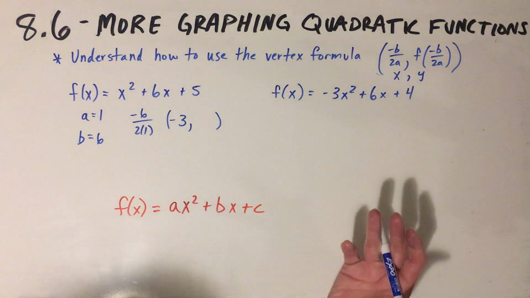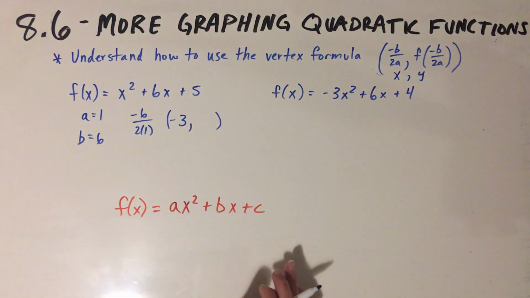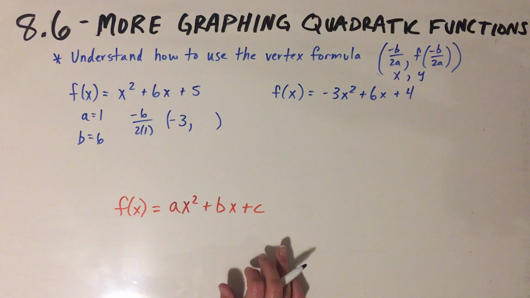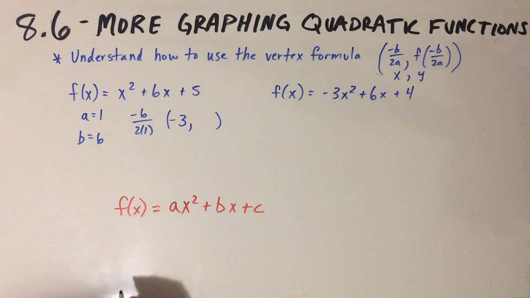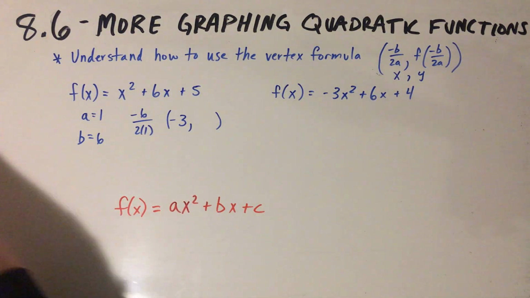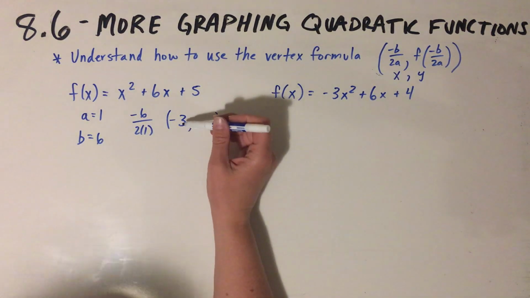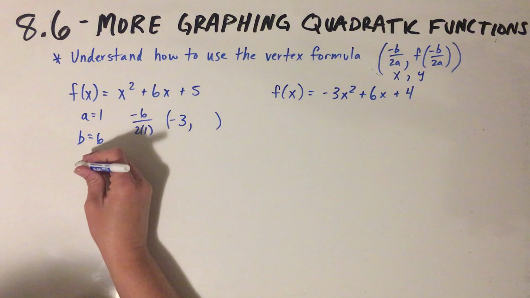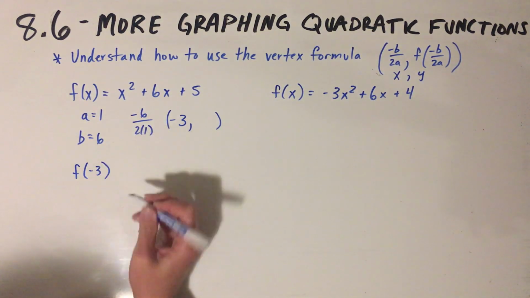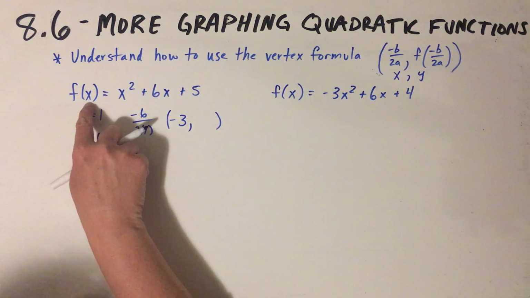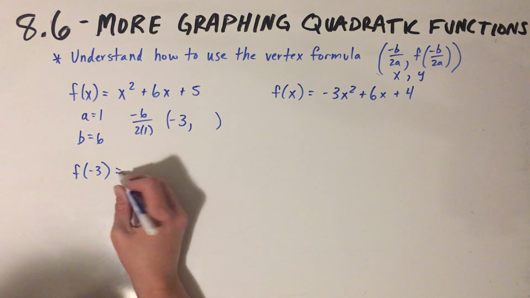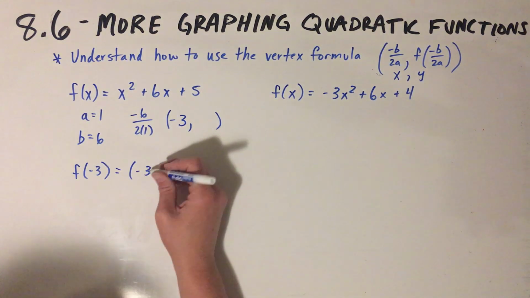So how do I find the y value? To find the y value, I'm going to figure out what f of negative 3 is. In other words, I'm going to plug in negative 3 where I see x. Wherever you see x, substitute negative 3.